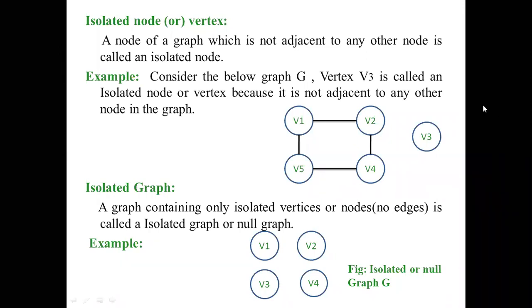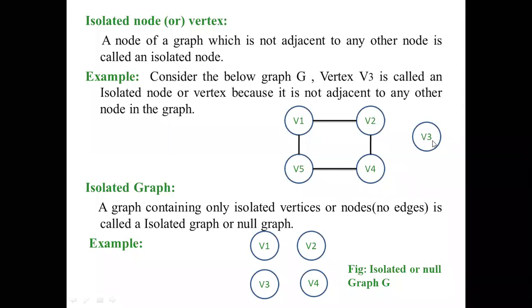For example, in this graph, which has the vertices V1, V2, V3, V4, V5, V3 is an isolated vertex because it is not adjacent to any other node in the graph, since there is no edge connected to V3 from any other vertex.